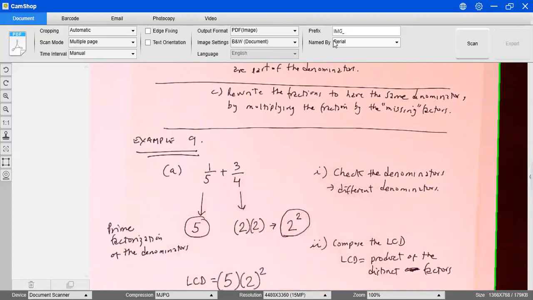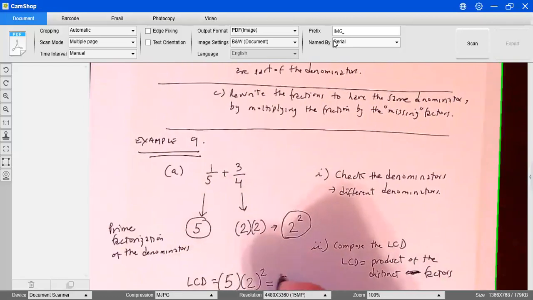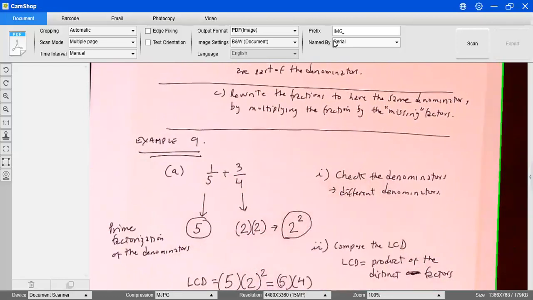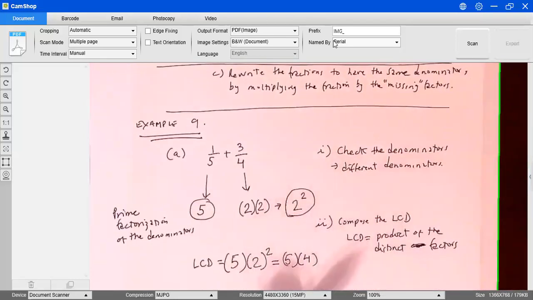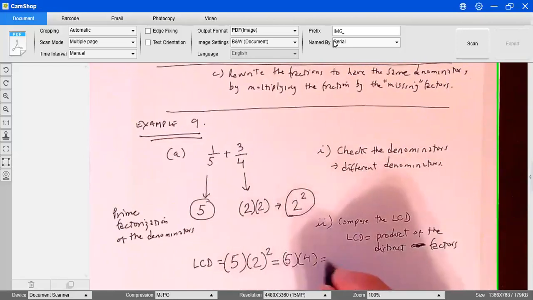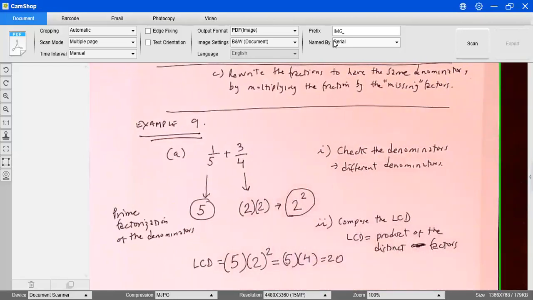So this is the least common denominator. We're going to write it as 5 times 4, because 2 squared is just 4. So this is the least common denominator written by using the prime factors, and this is the least common denominator written using just the resulting factors. So 5 times 4, and this is 20. So the least common denominator is 20.